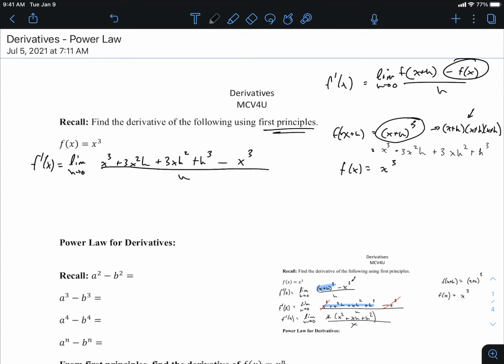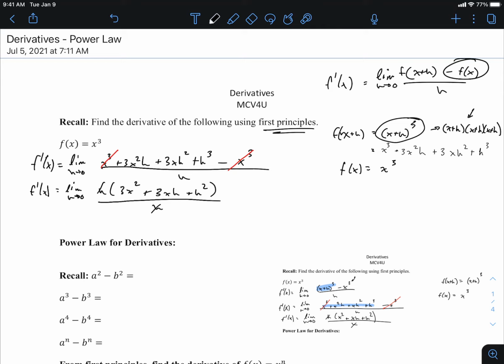Then you'll see the x cubed terms cancel, and conveniently each one of the remaining three terms has an h in it, so we can factor that out, and that becomes our next line. f prime of x is equal to the limit as h approaches 0 of h times 3x squared plus 3xh plus h squared, all divided by h.